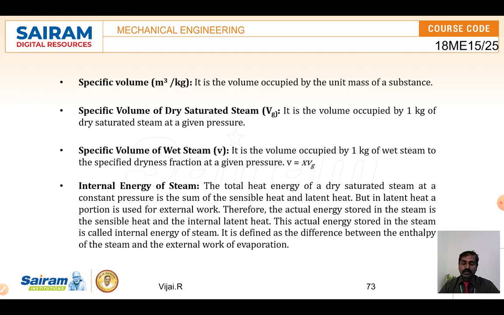Density is different; density is mass by volume. Here specific volume is meter cube per kilogram. Volume is the space occupied. If you take 1 kg of mass, how much volume it occupies is called the specific volume.